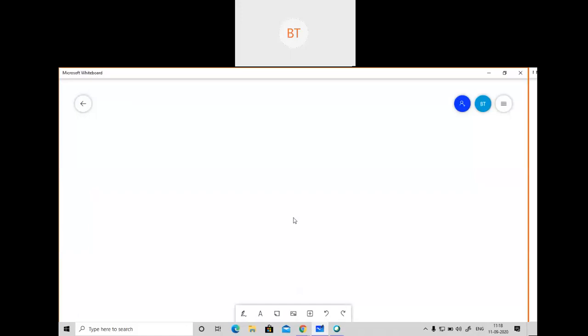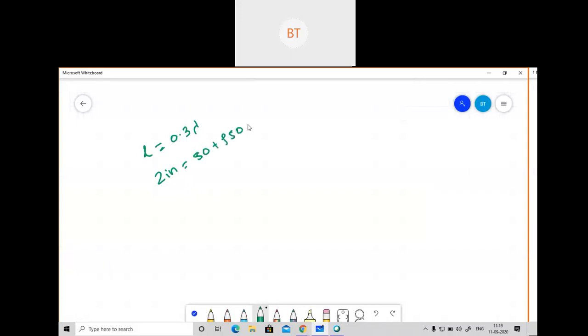I wanted to check the second question which I have given. I told you that if somebody solves that question, he or she will be awarded. So the second question, I will solve this for you. The transmission line of length L was given as 0.3 lambda, and the input impedance, Zin, is given as 50 plus J50 ohm.